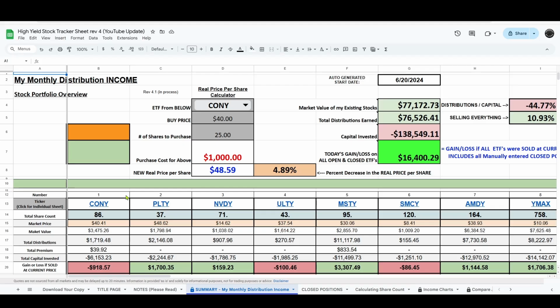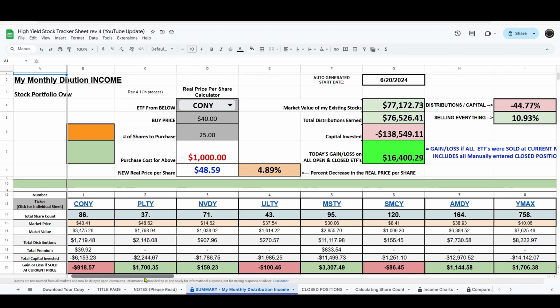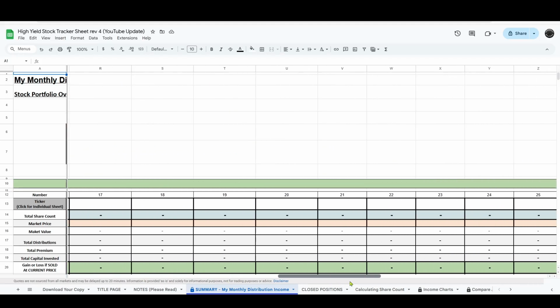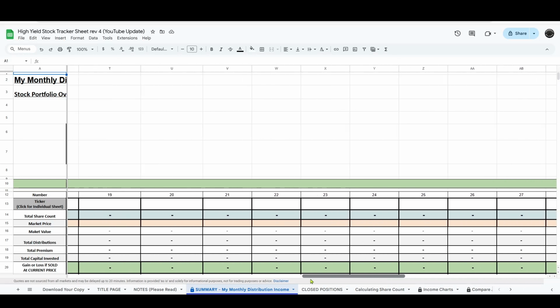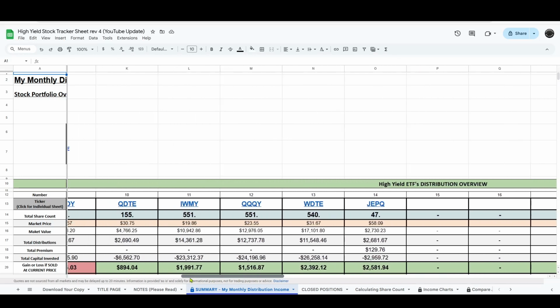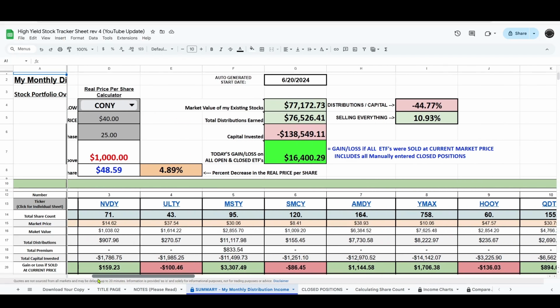In Rev 4.1, this will contain a total of 30 slots for you to be able to create your own individual sheets, enter in the number of shares you purchase and your distributions, and it will populate that into the summary page here so that you can track each one individually.